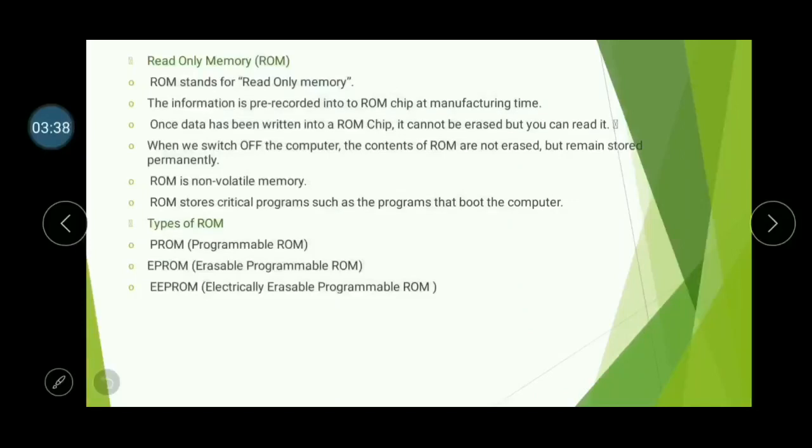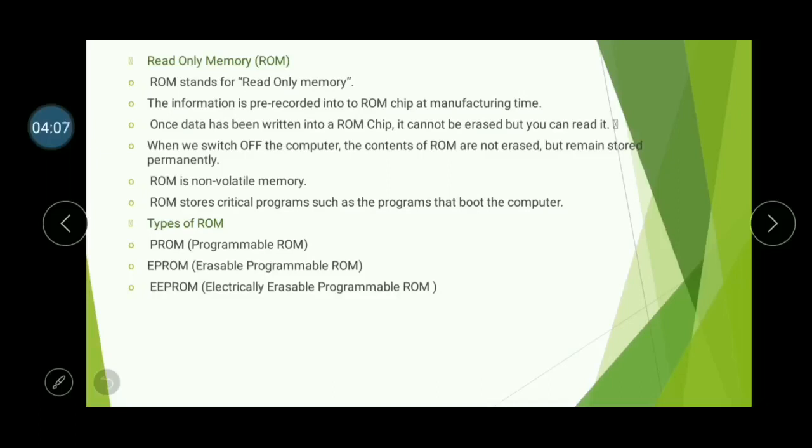The second type of primary memory is read-only memory. ROM stands for read-only memory. We call it ROM. The information is pre-recorded into the ROM chip at manufacturing time. When data has been written into a ROM chip, it cannot be erased, but you can read it.